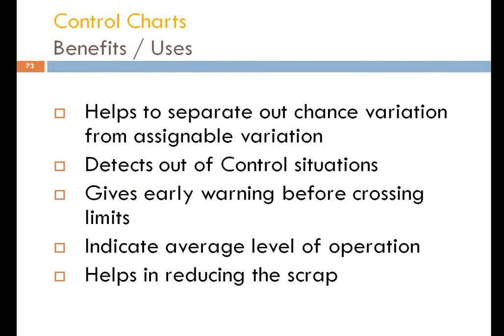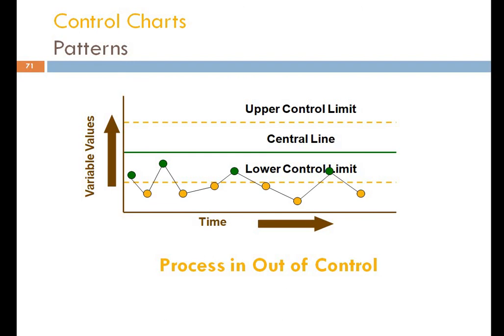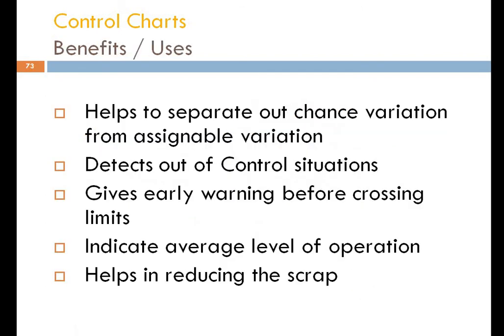Now, benefits and uses of control charts. It helps to separate out chance variation from assignable variation, and it can be elaborated in this particular chart if we see. So all those products which are green in color, these are because of the chance variation. And all those products which are yellow in color, these are because of the external variation or assignable variation. So it helps to separate out the chance variation from the assignable variations.